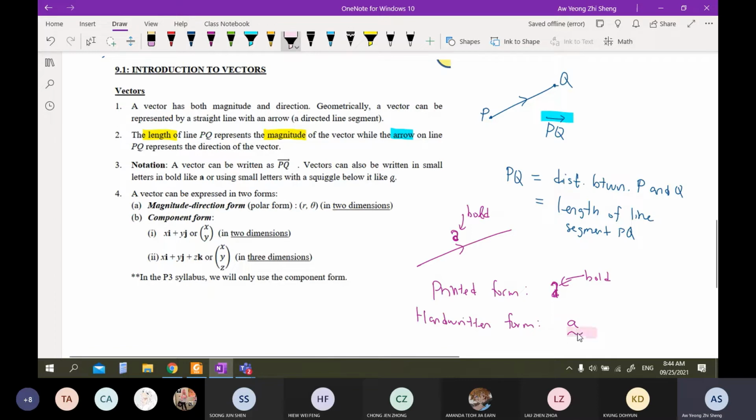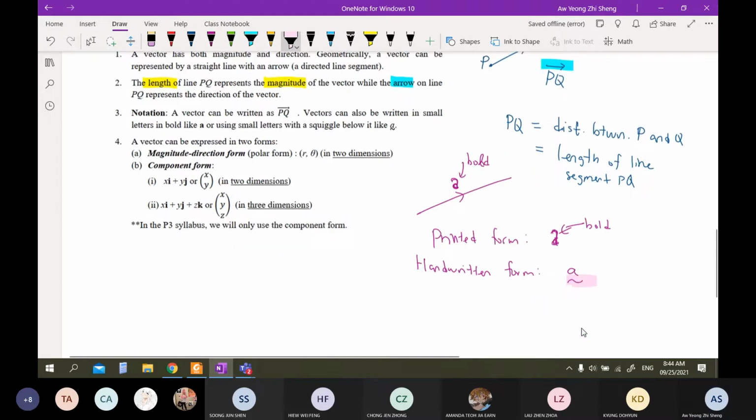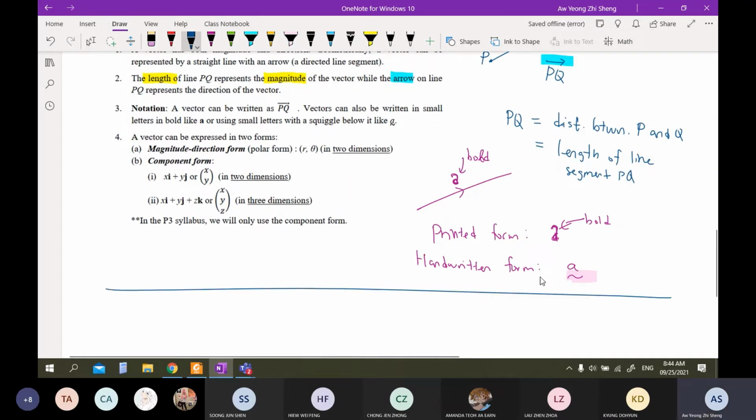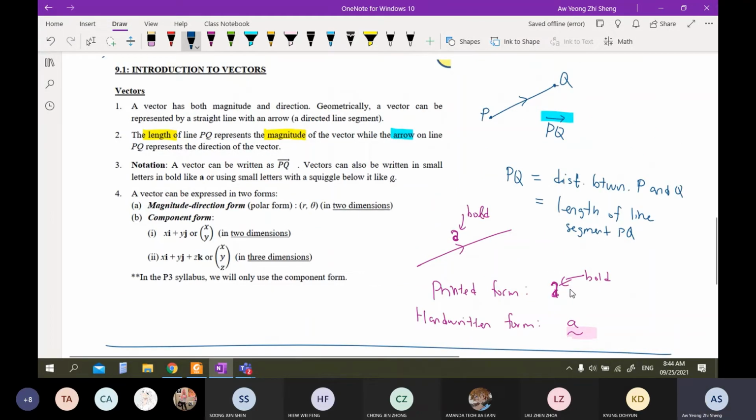So this curly line here is also compulsory. When you write a vector in small letter in handwritten form, it is compulsory to draw the curly line below that letter. I repeat, it is compulsory to draw the curly line below that letter when you write a vector in small letters in handwritten form, because it's hard for us to write things in bold. And so I only accept A with a curly line below it when you handwrite.